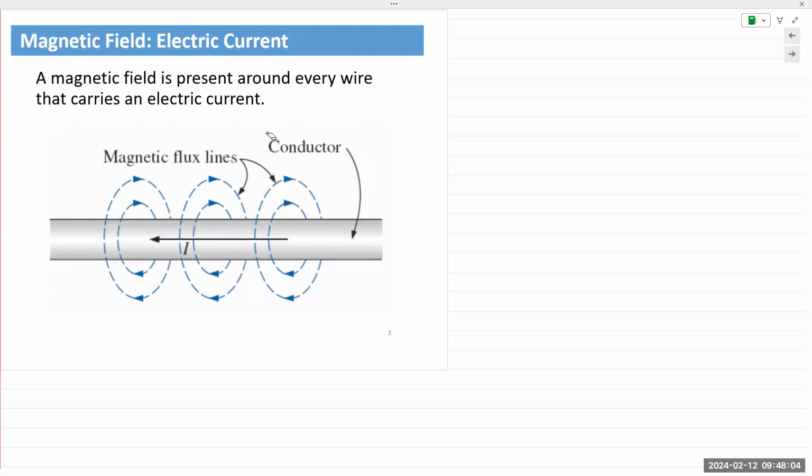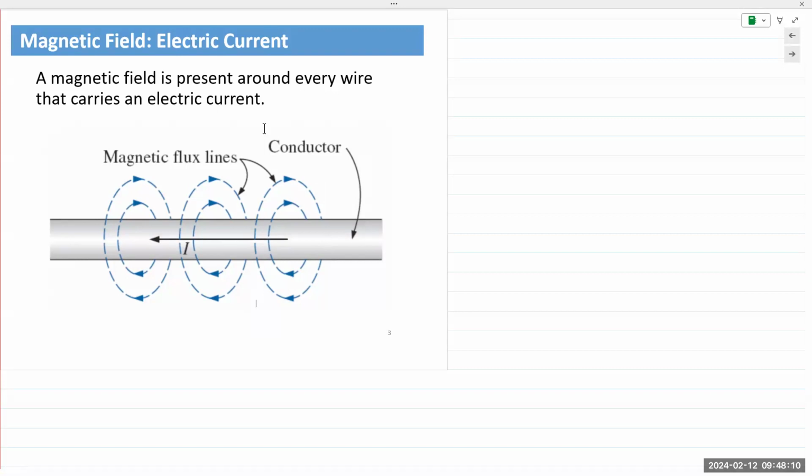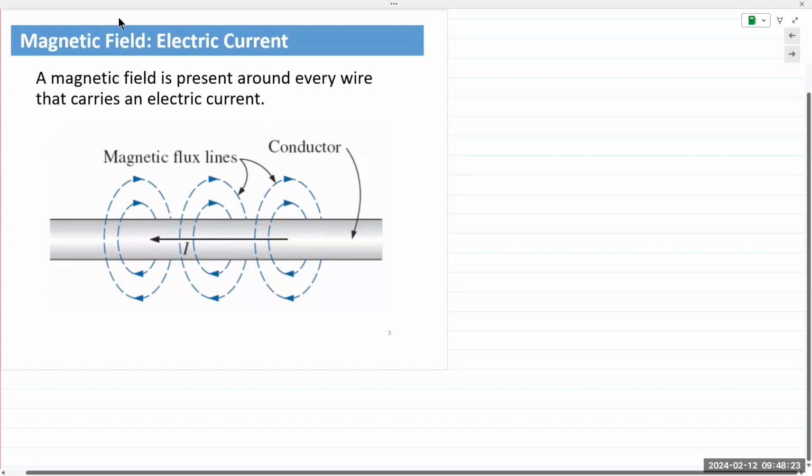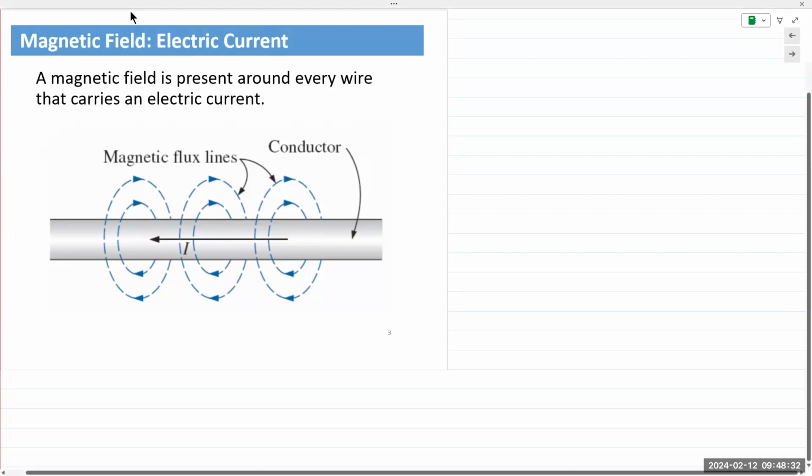Now, magnetic flux, again, we are not going deep into the physics of things. Like the electric field, magnetic flux and the magnetic field are made up of photons. We cannot see them because the frequency is not in the visible light spectrum. Without going into the physics of things, this is where we'll stop. So magnetic flux is present around every current carrying conductor, which establishes a magnetic field.